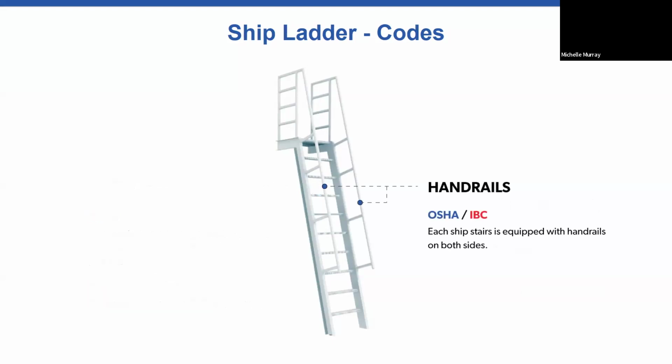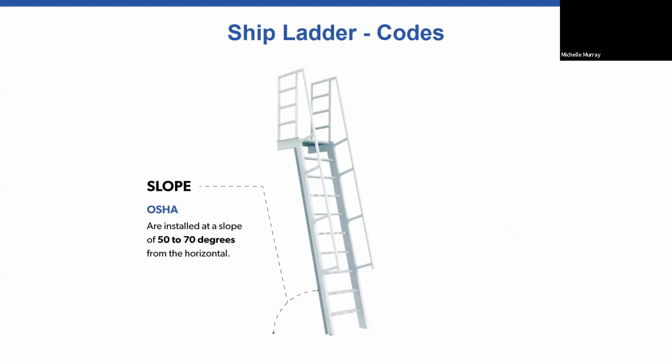For your handrails, the OSHA and IBC, they are required for both codes on the ship ladder. The angle for the ship ladder is between 50 degrees to 70 degrees for OSHA.